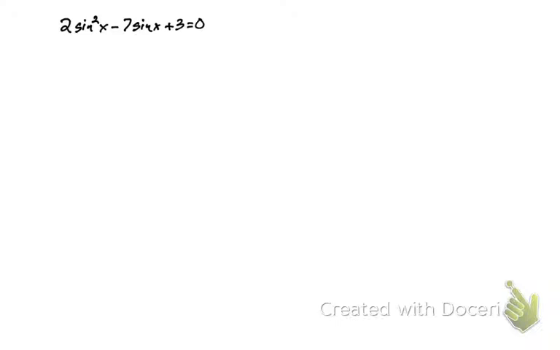We don't actually have any like terms. So picture this as, instead of 2 sine squared x, think of that as being 2y squared minus 7y plus 3 equals 0. They're asking the exact same question. That sine of x is our variable. The whole thing together is our variable right now.